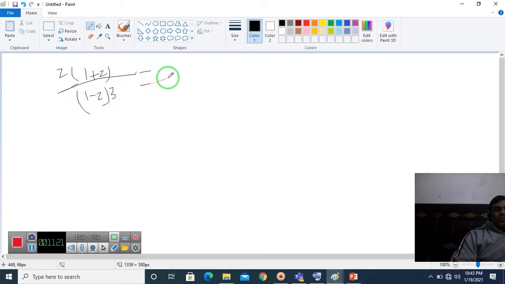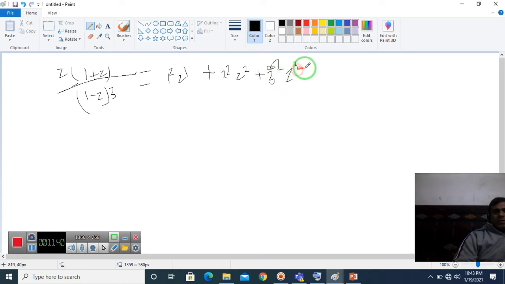is equal to 1 square z to the power 1, after multiplication of z, 2 square z to the power 2, 3 square z to the power 3, r square z to the power r.